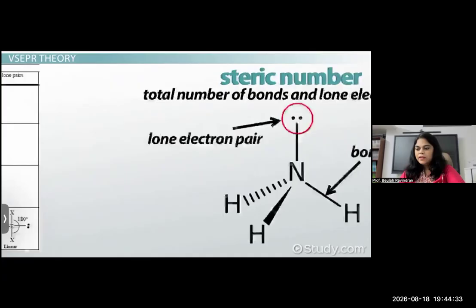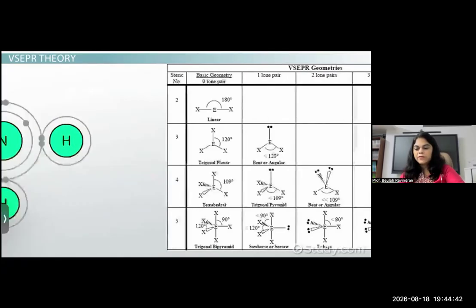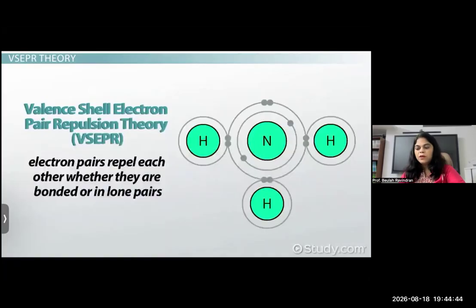See, these are all the VSEPR geometries we saw already. Linear, trigonal, tetrahedral, everything we saw. You know how the electrons are repelling. So in order to reduce the repulsion, the shape of the molecule is formed like that.